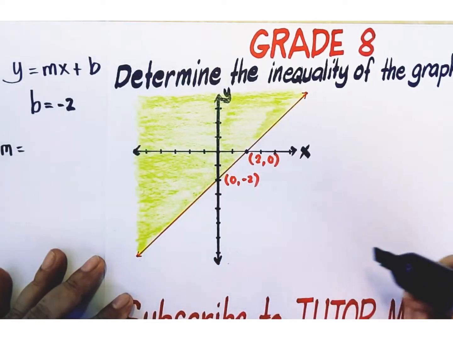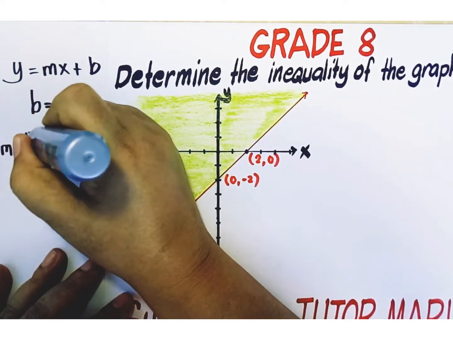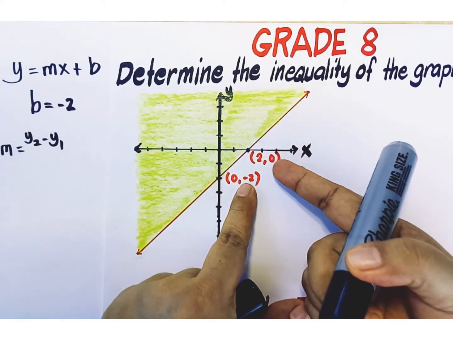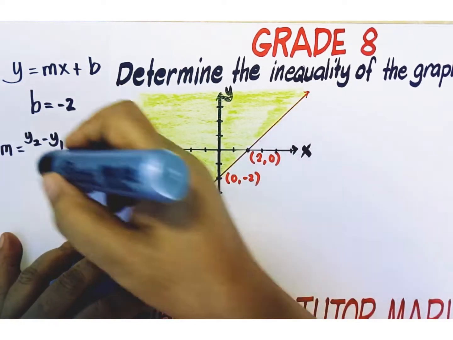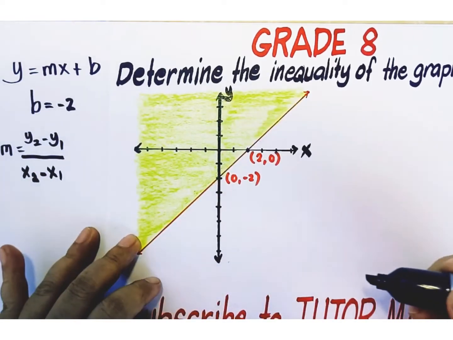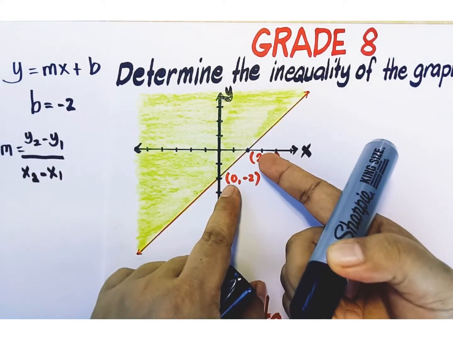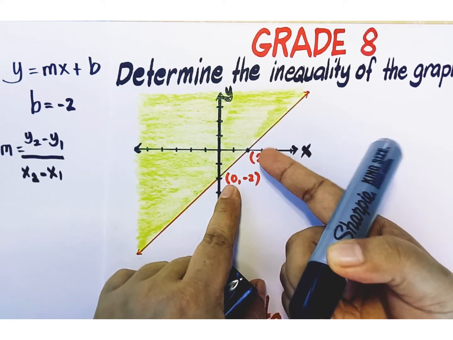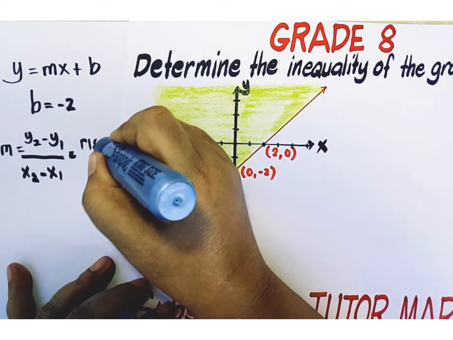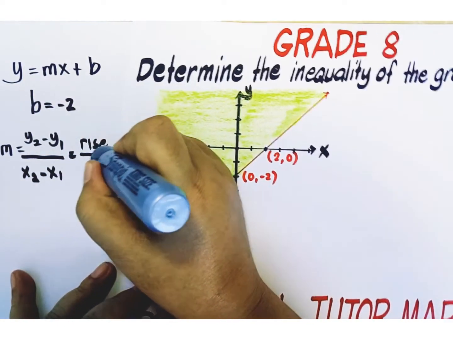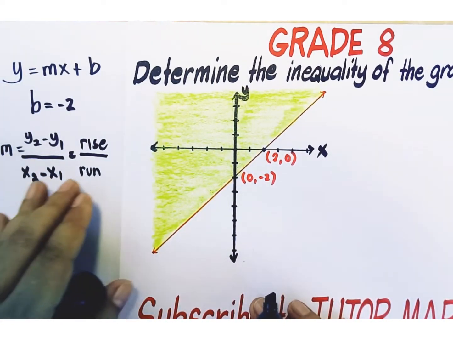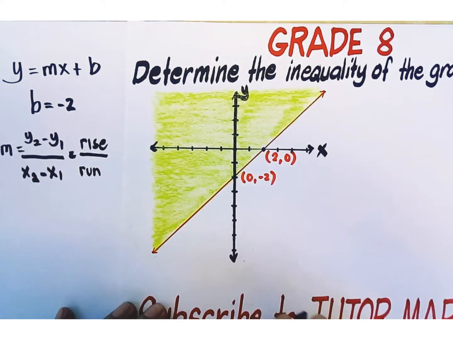M is equal to the change in y, or the difference between the y-coordinates of the 2 points, divided by the change in x, or the difference between the x-coordinates of the 2 points. The change in y is rise. The change in x is run. That's why the definition of slope is the ratio of rise to run.